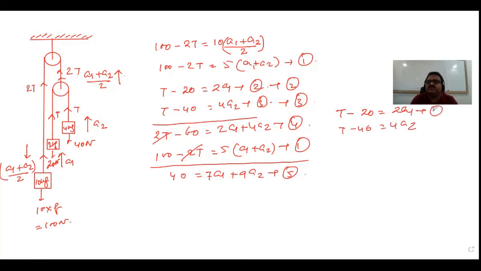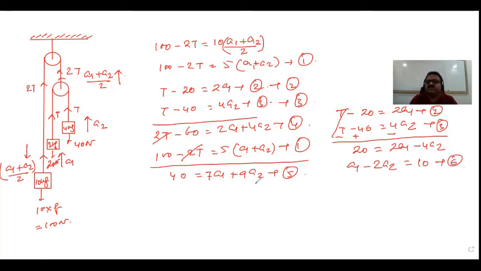This is equation 2, this is equation 3. Now if I subtract these two, T gets cancelled. This is 20 and this is 2A1 minus 4A2, which gives A1 minus 2A2 is equal to 10. This is equation number 6.